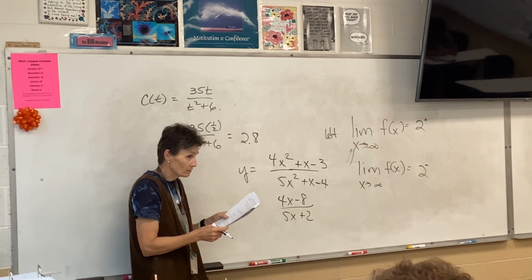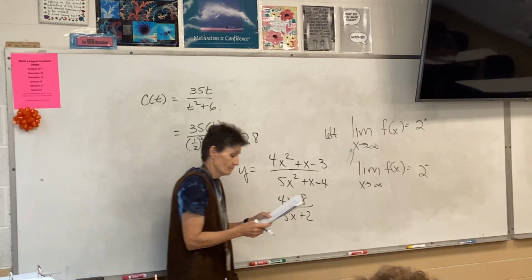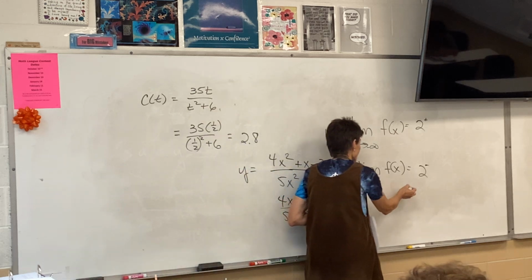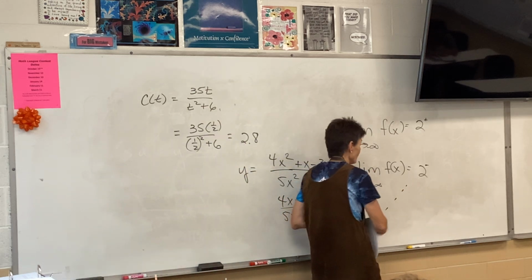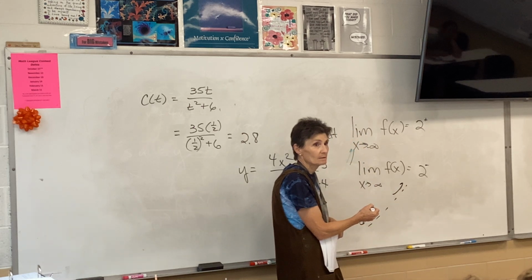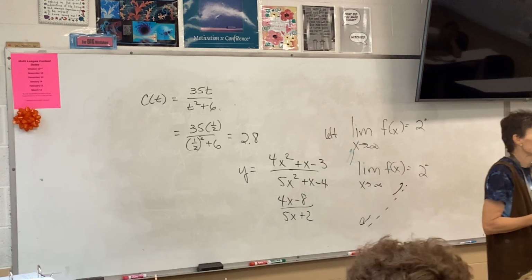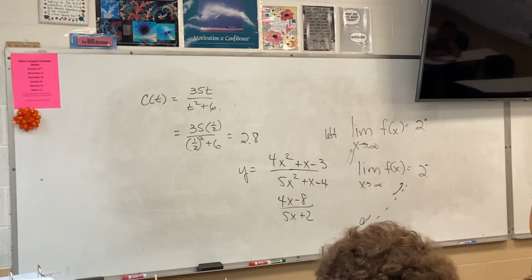That's horizontal. Not slant. Right? Slant asymptotes have what kind of end behavior? Infinities, right? This one has to be horizontal, so the powers have to match.